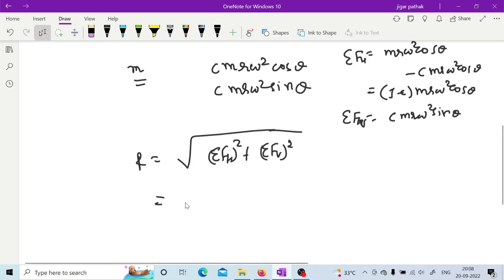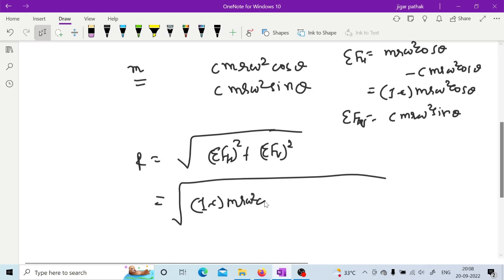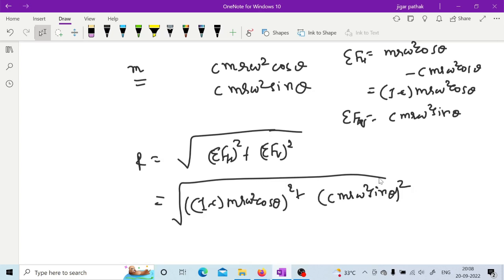So the total resultant force in these reciprocating masses will then be 1 minus c, m r omega square cos theta, whole square, plus c m r omega square sin theta, whole square. So this is how you will have your resultant in case of reciprocating masses. This is the particular case of reciprocating masses.